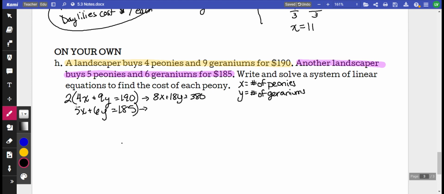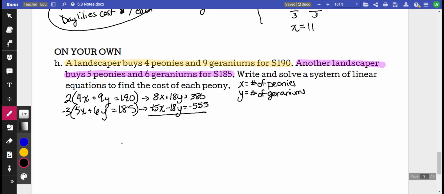Then for the second equation, I'm going to multiply it by a negative 3, and this is just so that way I can get a negative 18. So the second equation becomes negative 15x minus 18y equals, well, 185 times negative 3 is negative 555.